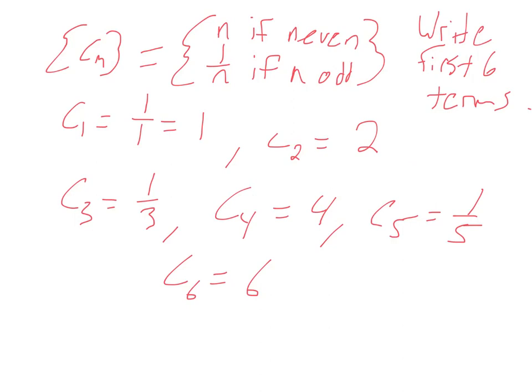So I want you to go ahead and write out sequence formulas for the following. I'm going to give you the actual pattern, and you're going to write out the formula. So, for instance, if we have e squared over 2, e cubed over 3, e to the 4 over 4, so forth.